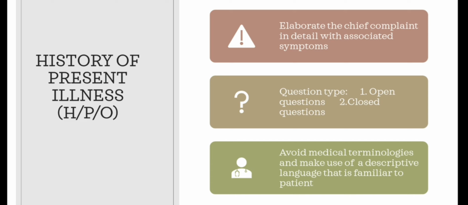Lead the conversation by asking questions. You can always ask an open-ended question. Always start with an open-ended question and take the time to listen to the patient's story, so that only you can know about the clinical condition. And once the patient has completed their narration, then closed questions can be asked to clarify the issue.